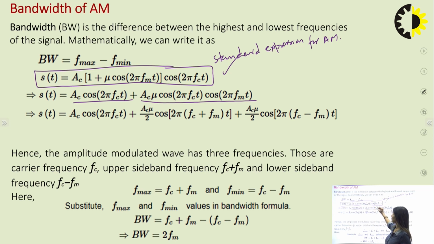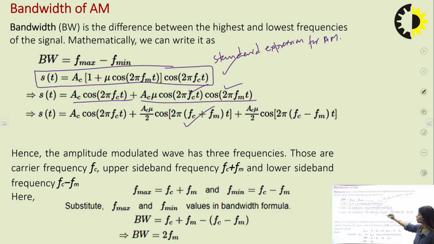Now here we can apply the formula for cos A into cos B, which is 1 by 2 cos (A plus B) plus 1 by 2 cos (A minus B). So this is how we proceed for cos A cos B. What we have done is the same thing.